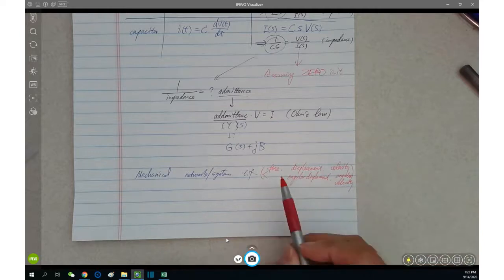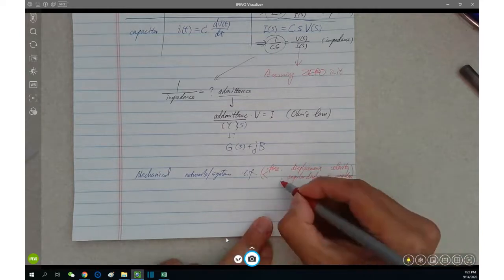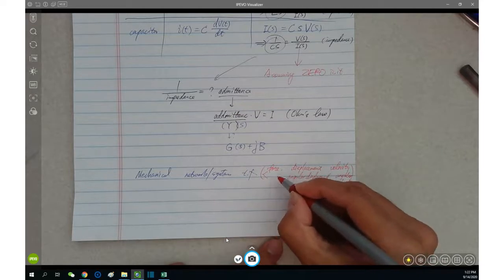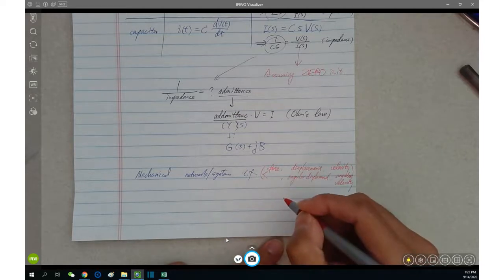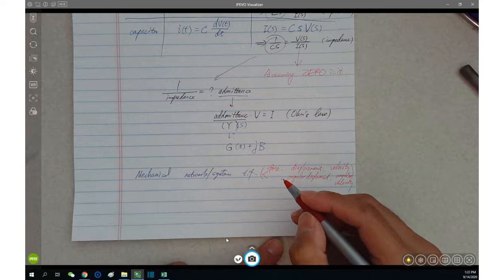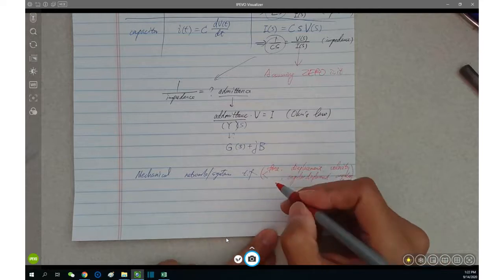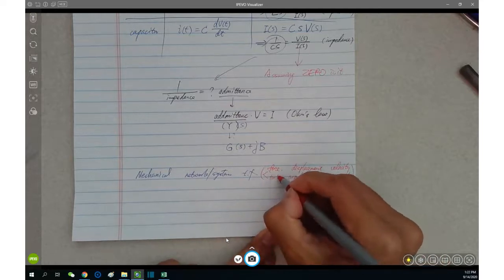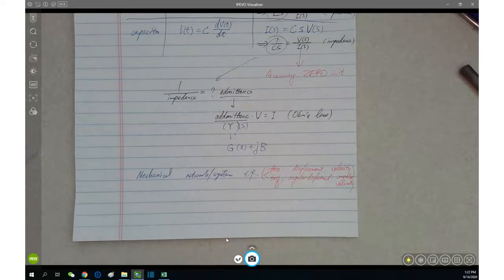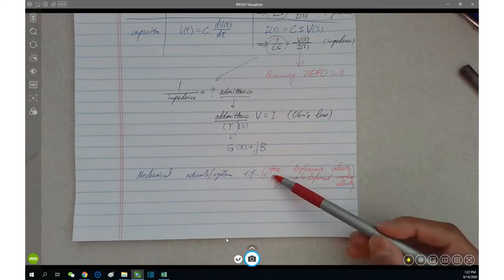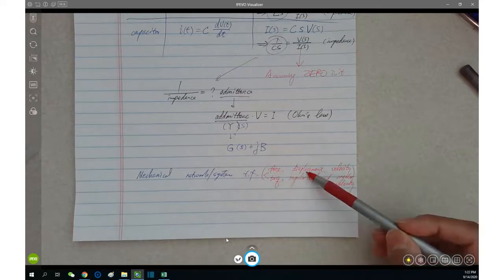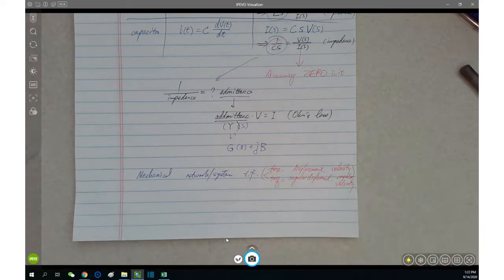It's not force either. So instead, what is it? Torque. Very good. That's torque. It's nothing but torque. So force versus torque, displacement versus angular displacement, and so on.